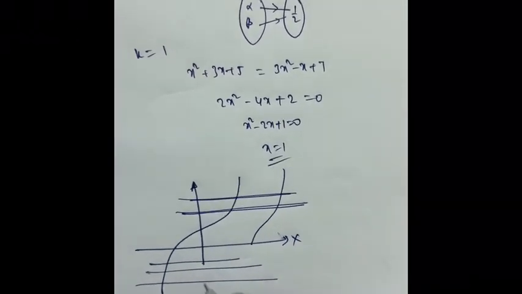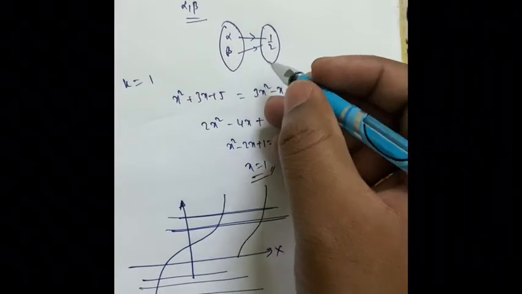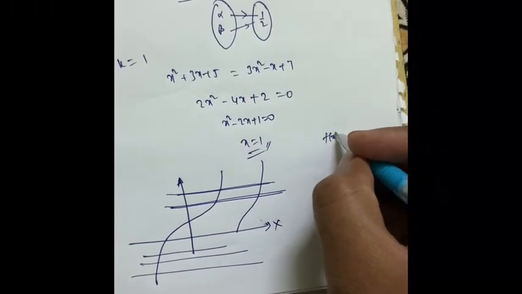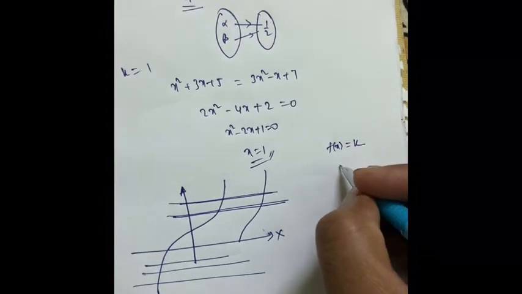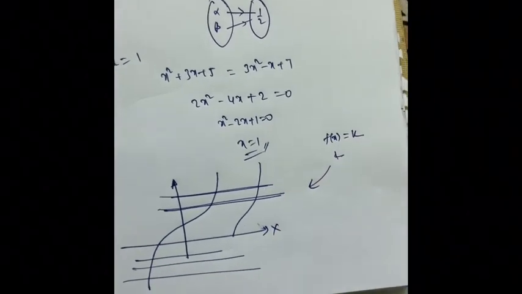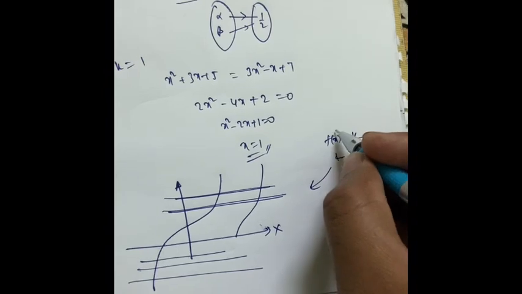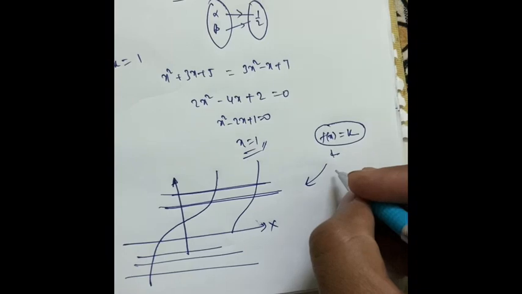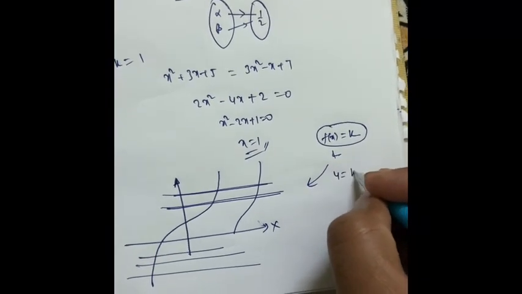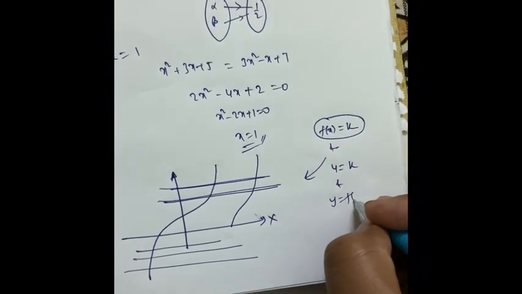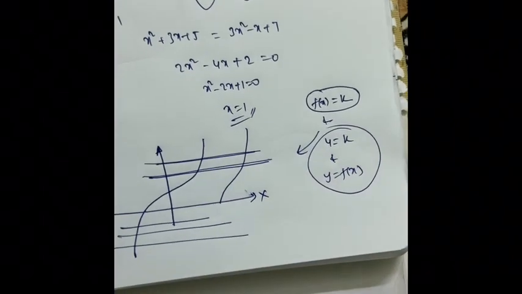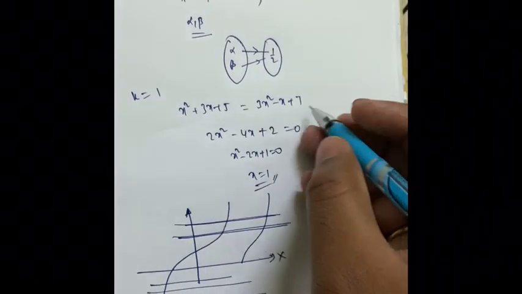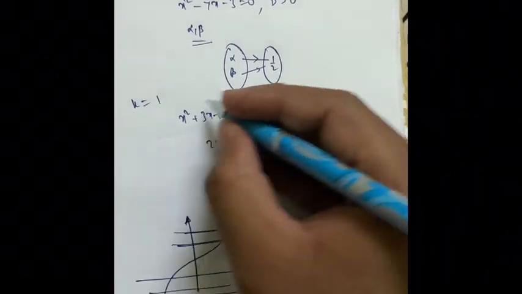So here also, we have seen the relation between solutions to f of x equals to k and drawing horizontal lines like this. The number of solutions to f of x equals to k will be nothing but the number of intersections of the line y equals to k and the graph y equals to f of x. In this case, that horizontal line is y equals to 1, because we have taken k equals to 1.